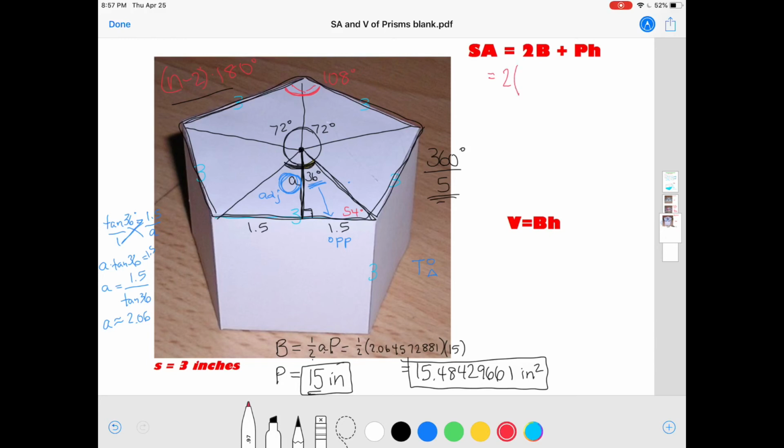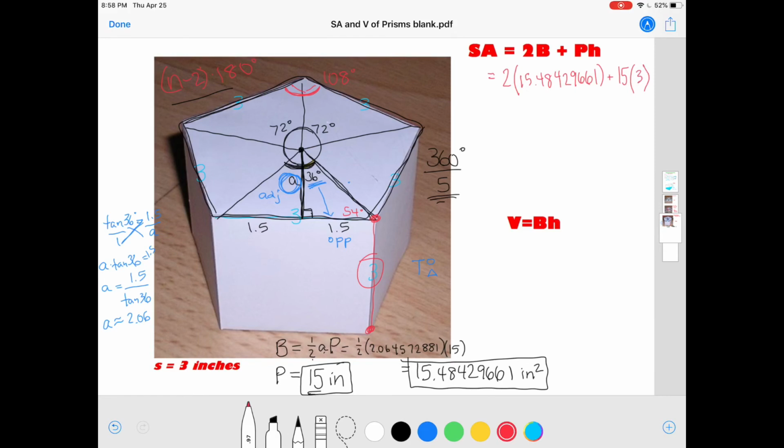I'm going to take 2 times that area of the base shape I just found, and see how I'm going to double this number. So it's a good thing I haven't rounded it yet. Plus that perimeter of the base shape, which I figured out. And then the height. Remember, the height is the distance from base to base, and so that's a 3-inch height.